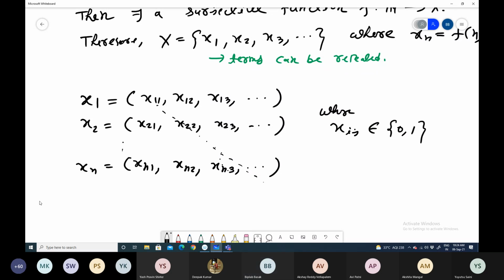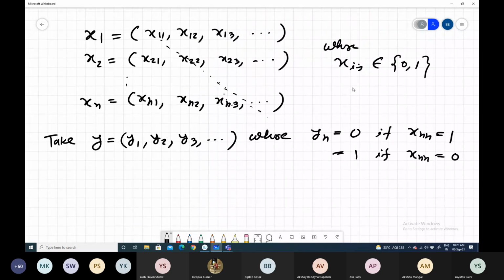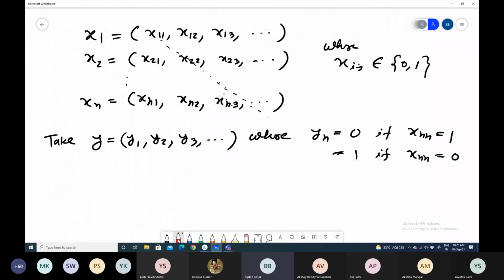That means, now take y equal to y1, y2, y3 in this way, where yn equals 0 if xnn equals 1, and yn equals 1 if xnn equals 0. So we are taking the diagonal elements and reversing them.